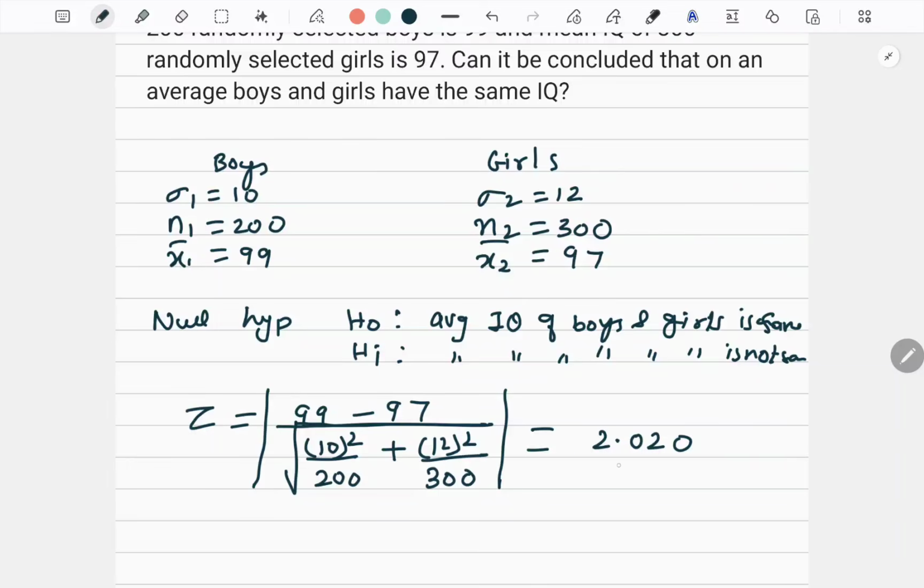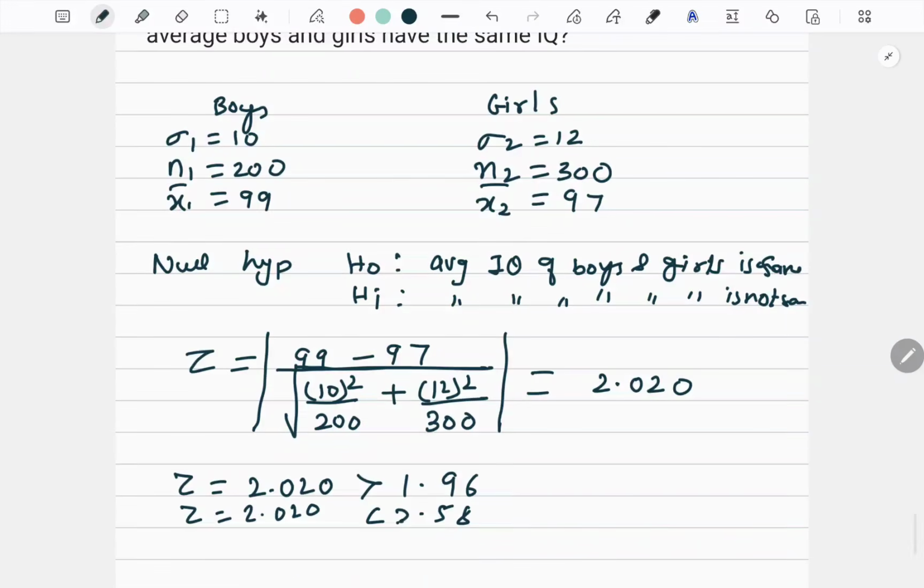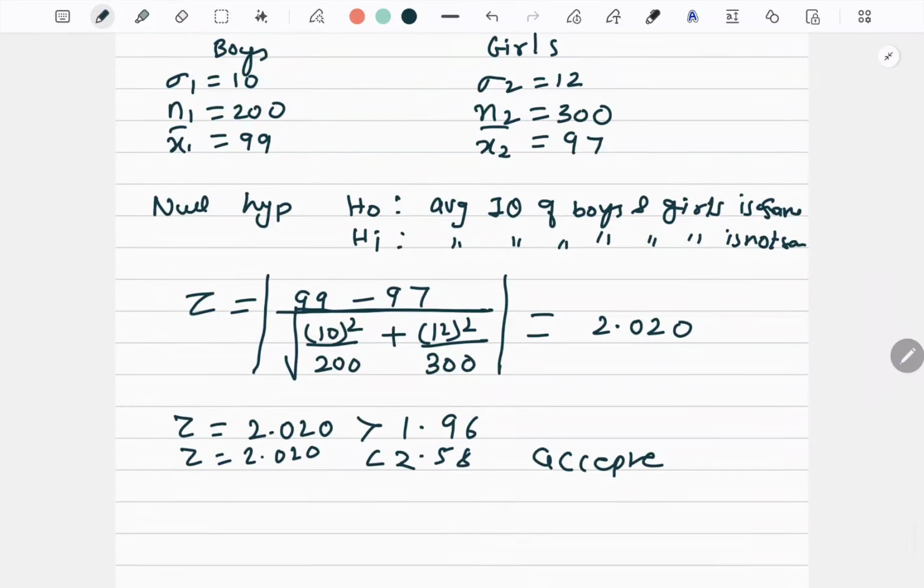So you will write, z is equal to 2.020, which is greater than 1.96. So rejected under 5% level of significance or 95% level of significance, and z is equal to 2.020 is less than 2.58. So it is accepted under 1% level of significance or 99% level of significance, right?